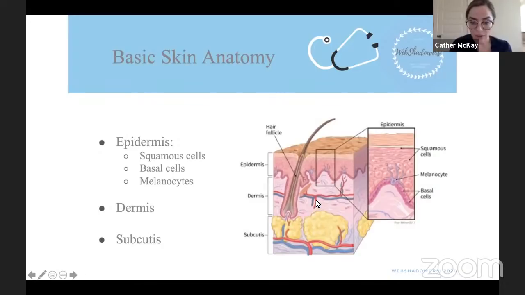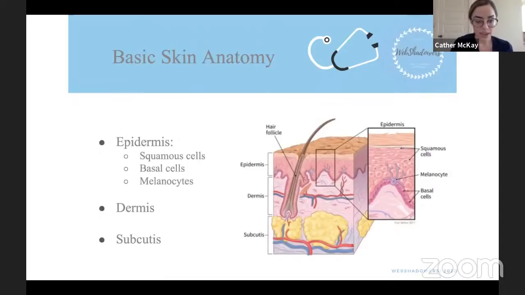This is where you have all your blood vessels, a superficial plexus of blood vessels, and also nerves. And then you have the fatty layer called the subcutis underneath the dermis, with bigger blood vessels and a whole other system of blood vessels and nerves down there. So that is the cross-section of the skin.